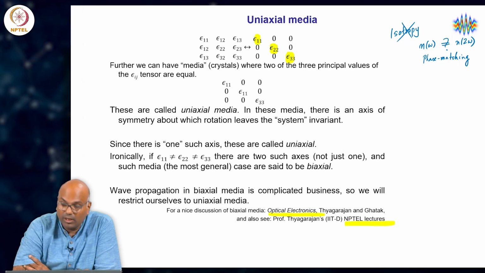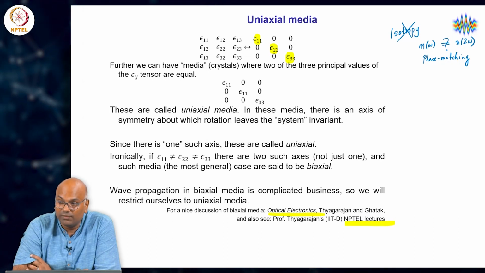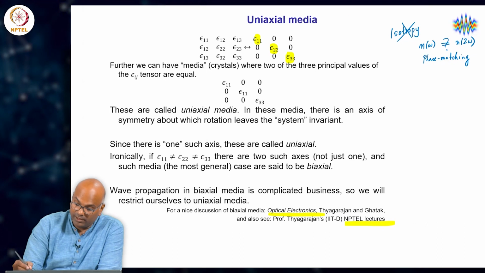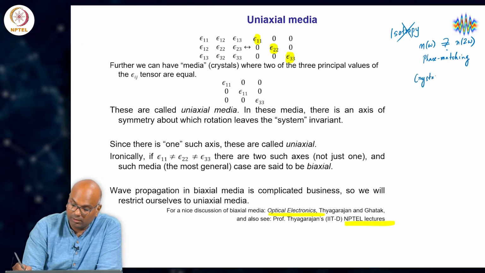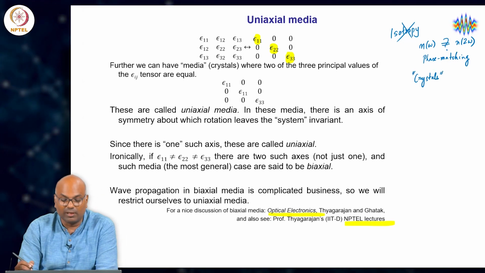And if we do not have isotropy in a condensed phase medium, then what do we have? Then such media turn out to be crystals. So we must consider crystalline media.